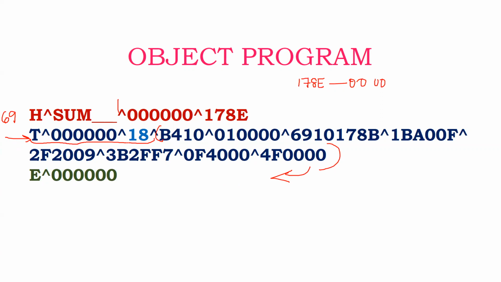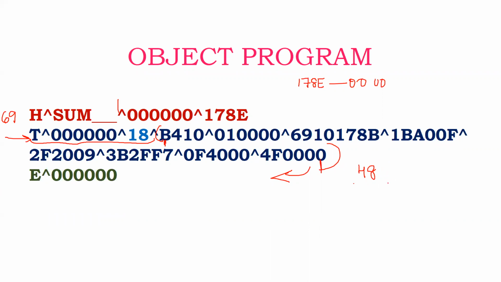How we got this is, we count the object code columns from where we started writing the object code till the end. From here to here, if we count the object code columns, we get 48. In these 48 columns, 2 columns make 1 byte.